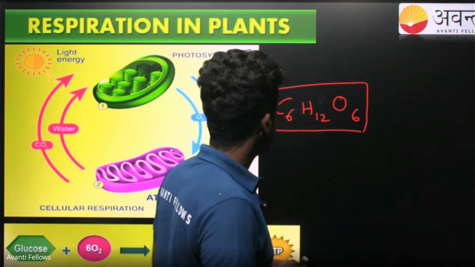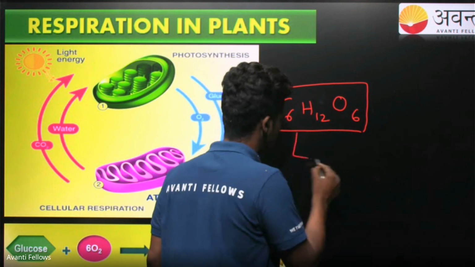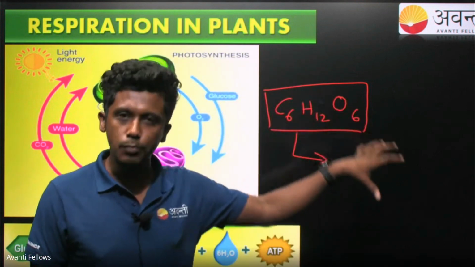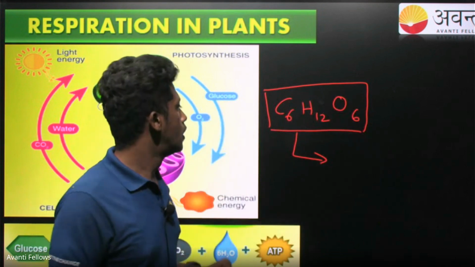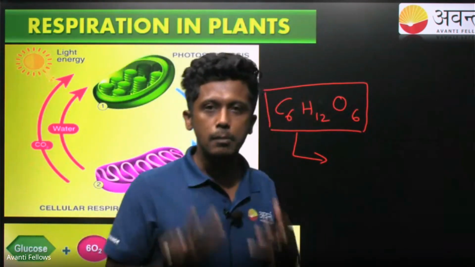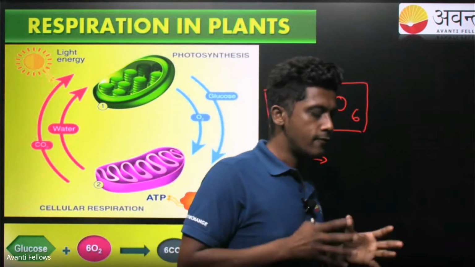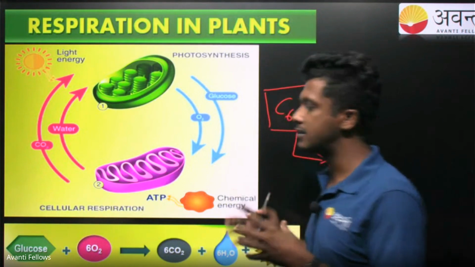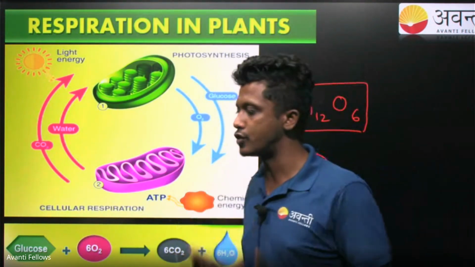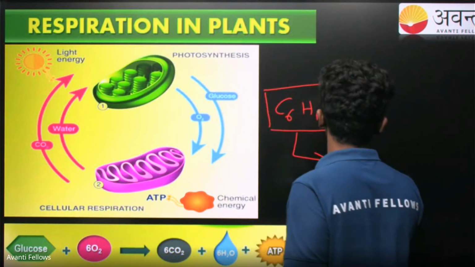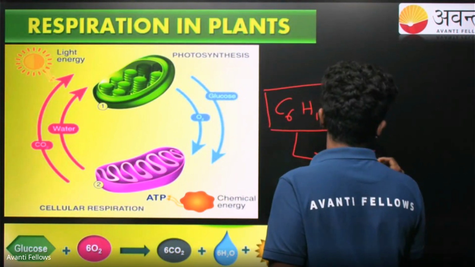Correct, right? So what happens to this? The process is very, very simple. We have a complex molecule of glucose, and within this glucose molecule, we have chemical bonds. Now, if I break this complex structure into simpler structures, energy is released, which is catabolism.